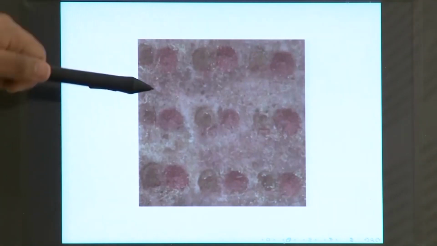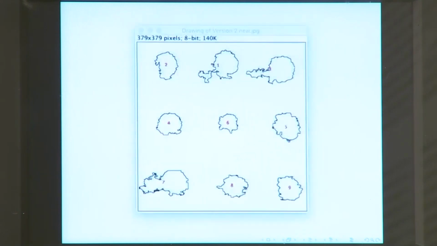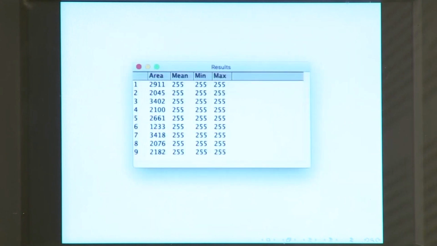Now, in this case you have pits, and you also have the earth that was dug from this pit, it is kept right next to it. So, in this case the computer was able to tell you that there are 9 pits. At the same time, it is also giving you what is the area of each pit. Now, it is giving it in terms of pixels, but we can always make use of a scale and get the actual area.